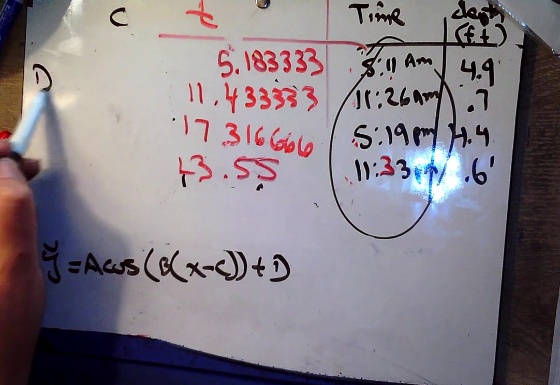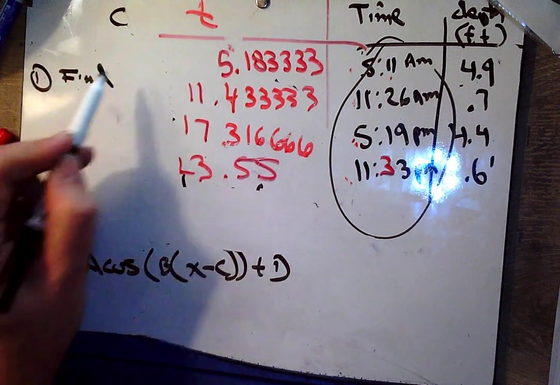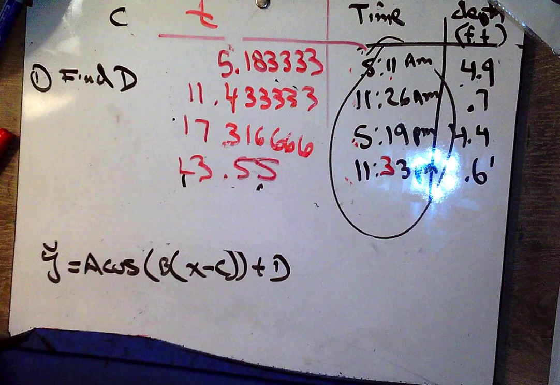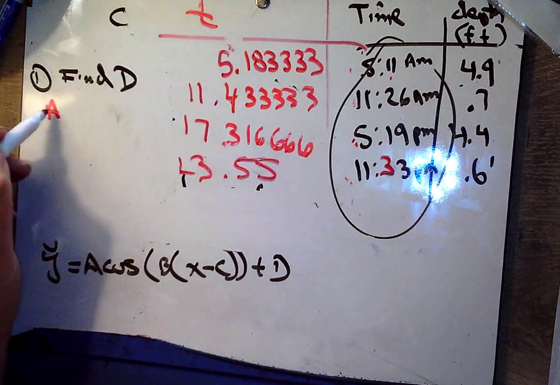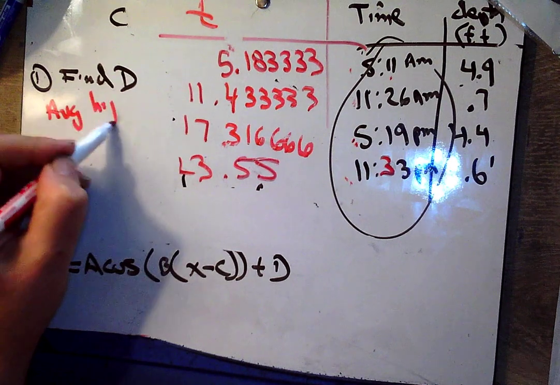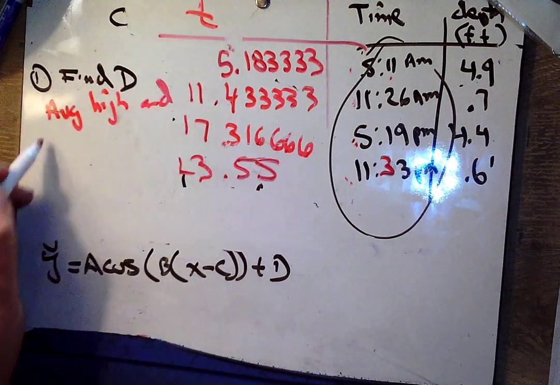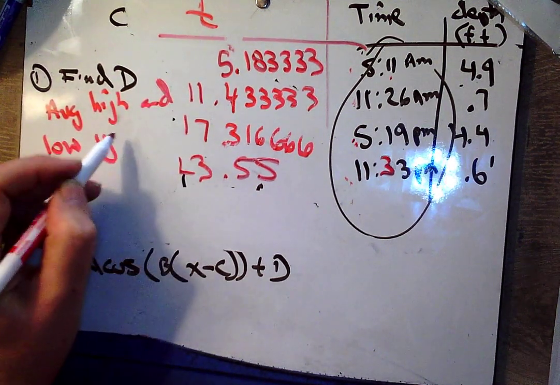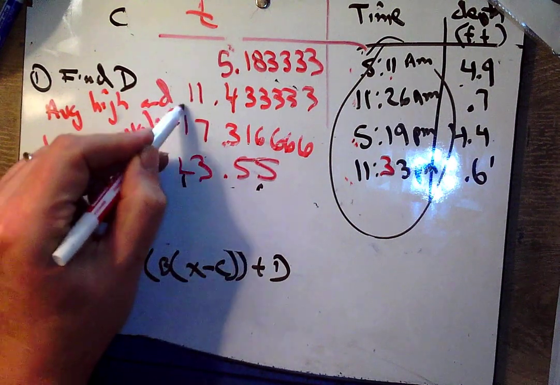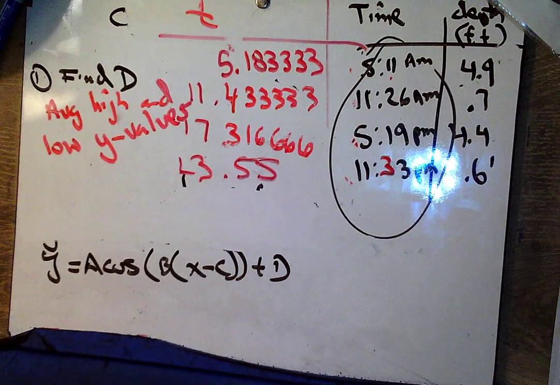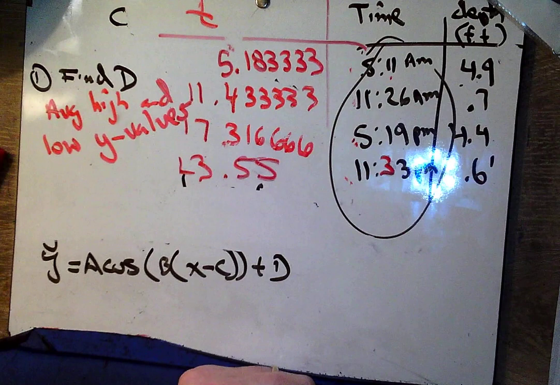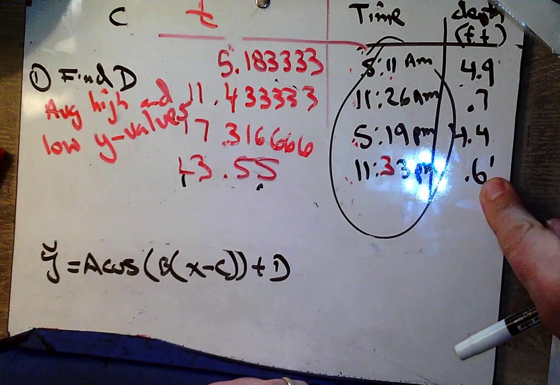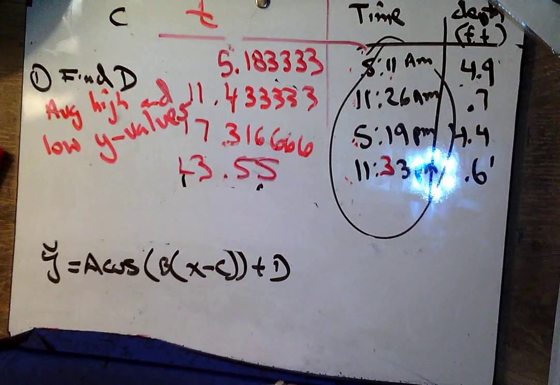I'm going to, 1, find D. And the way I find D is I average the high and low y values. Okay, so now here's the thing. This low y value and this low y value are not the same low y value.